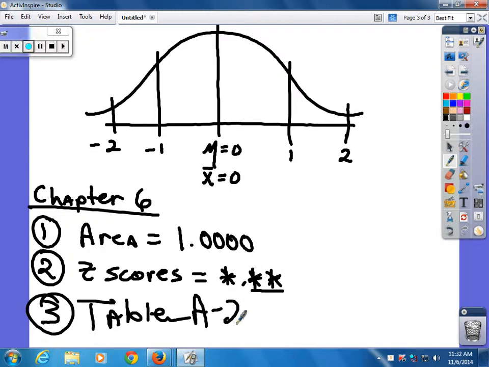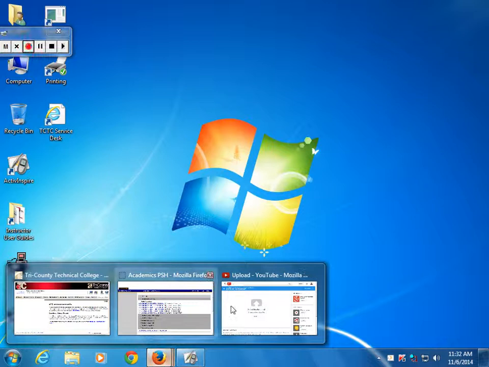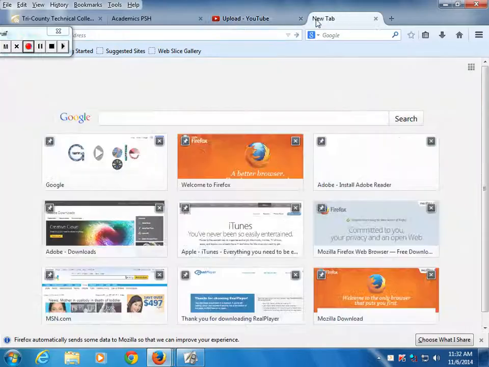A2 in your book. Now, if you don't have a book and you just want to print one out right quick, you just go to Google and you type in Triola. I'll just type it in for you.